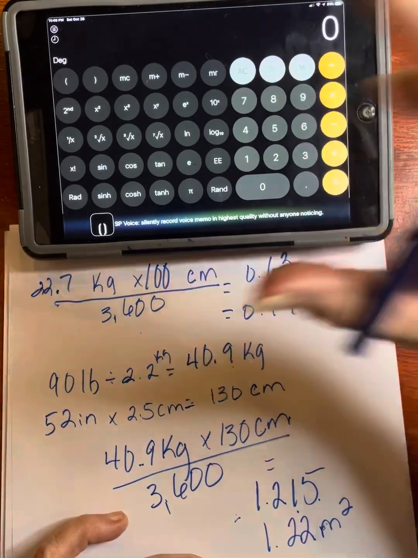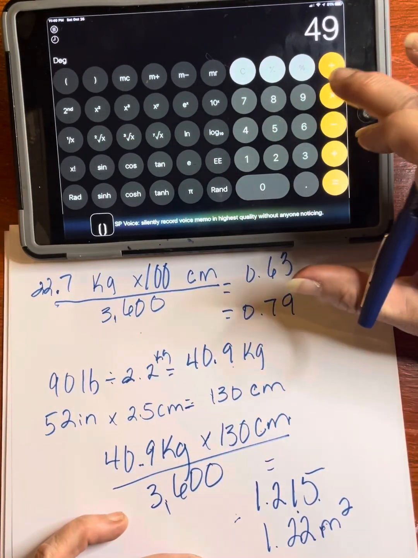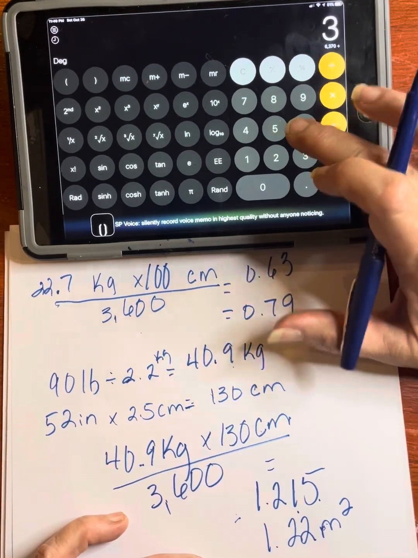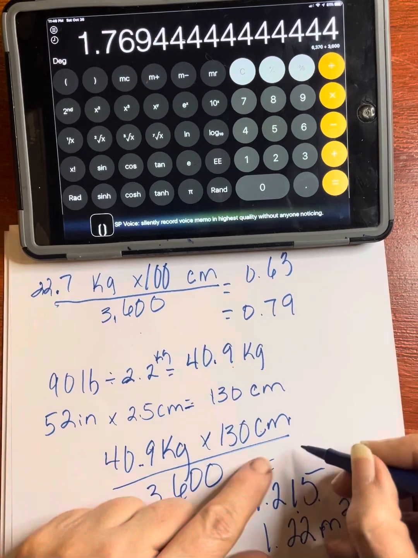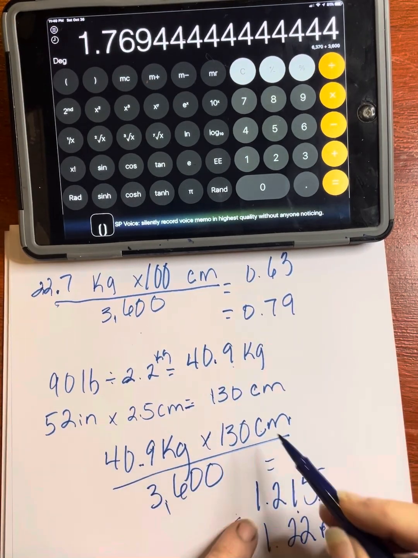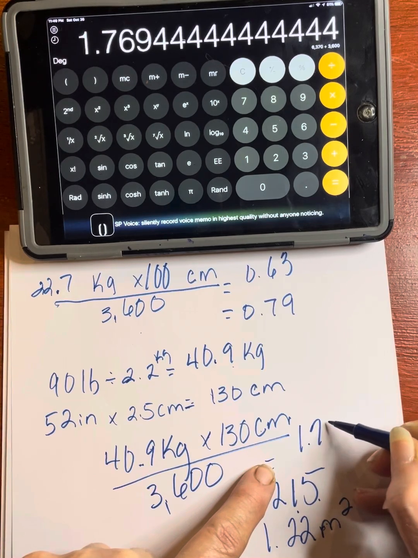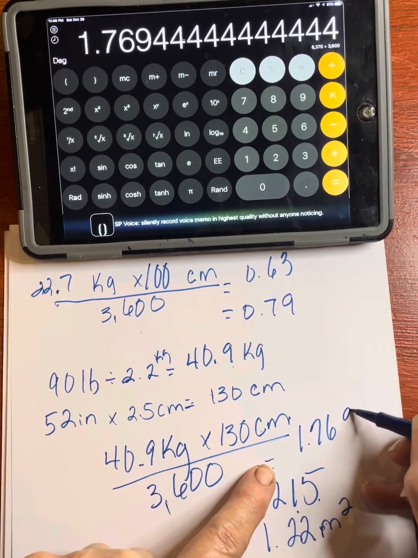So let me show you what I said: 40.9 times 130 equals divided by 3,600 equals. If she wanted me to put something down here, I would put equals 1.769.